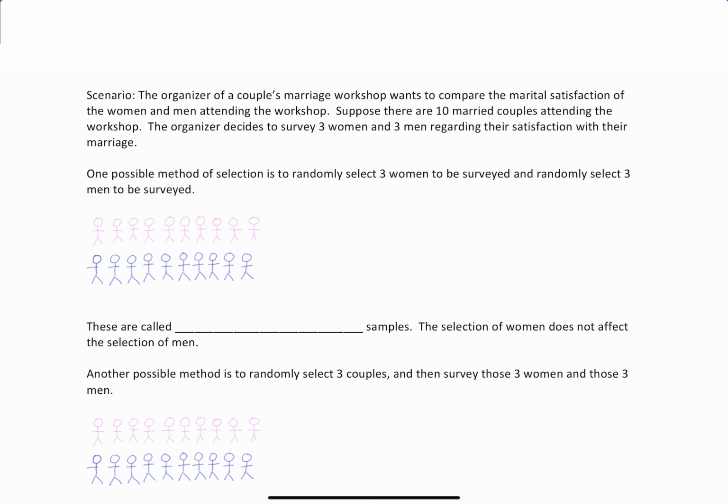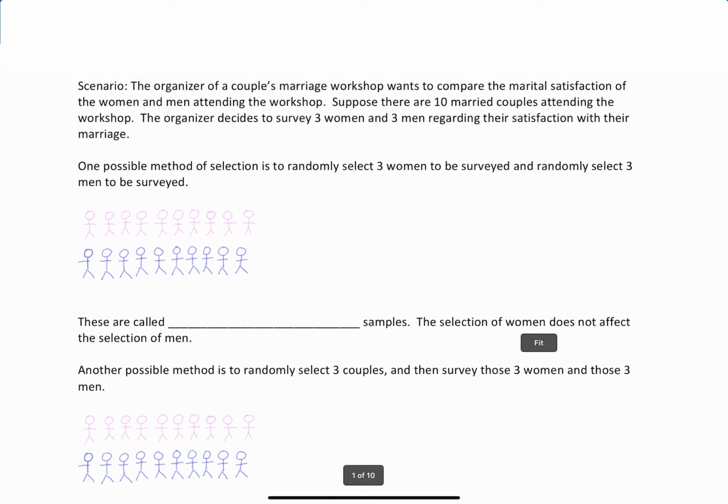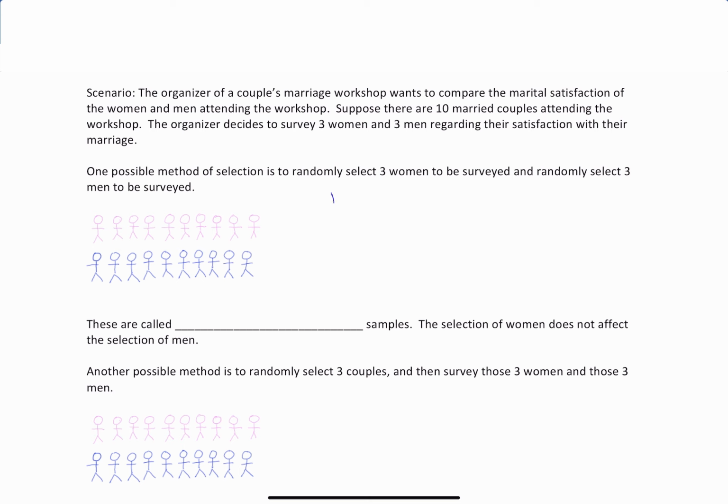So again, we're thinking about two populations here. Population 1 is the 10 women at the workshop.